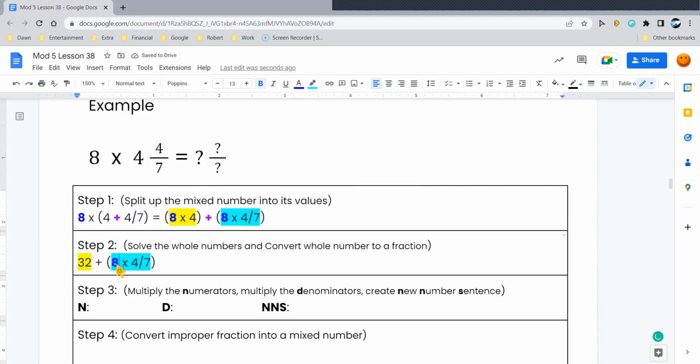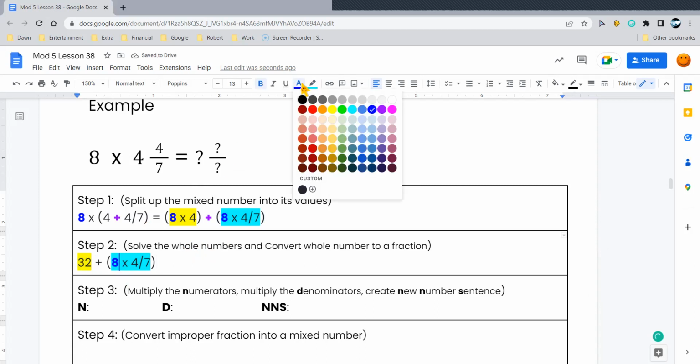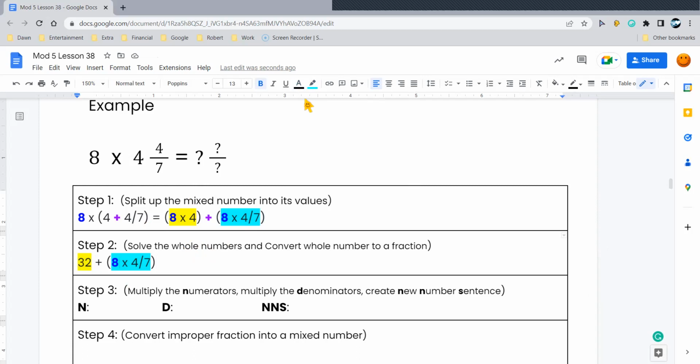But what's great is right here, we're going to turn it into a fraction. Okay, so this 32 plus, I'm going to copy it and bring it over here so I don't forget it later. Right now, I'll be doing my multiplication.